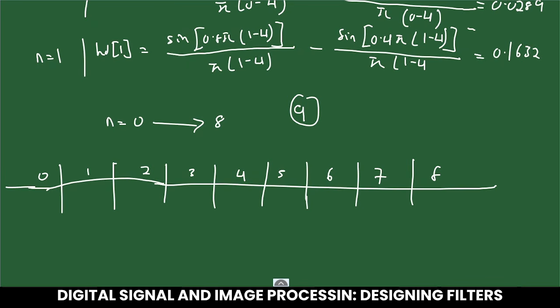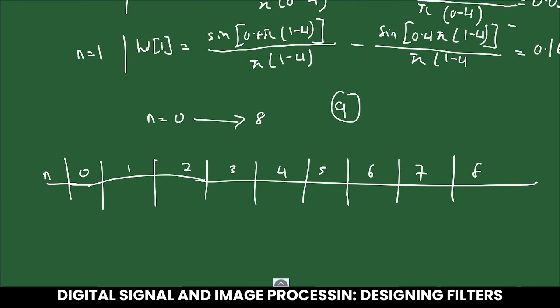Alright, so this is n, and this is HD of n. For 0, we had 0.0289. Then we had 0.1632, minus 0.244, minus 0.115.